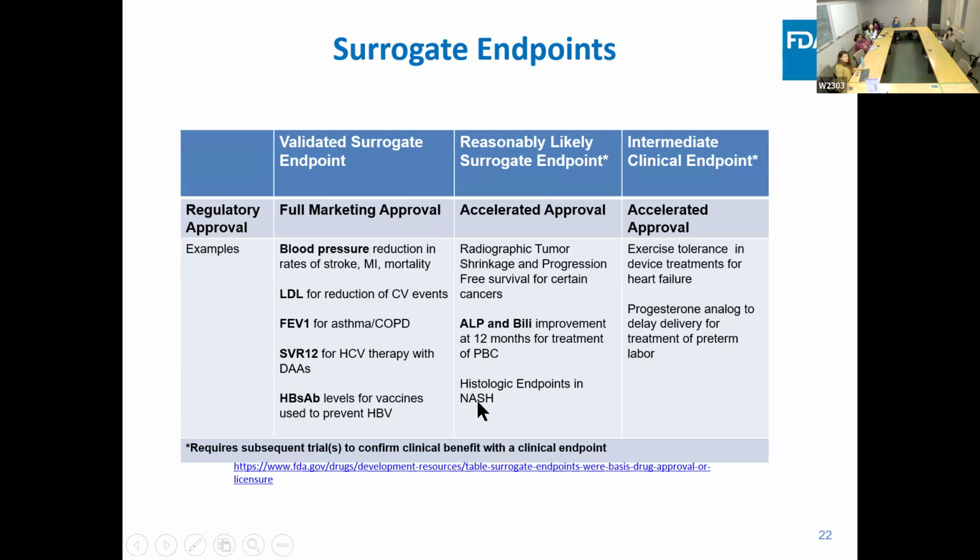And in NASH, we use a biopsy. Sponsors can conduct trials that land on a reasonably likely surrogate endpoint, and they can get what's called accelerated approval for this, and I'll go into what that means. But in order to get full marketing approval, it has to have been on a validated surrogate endpoint.